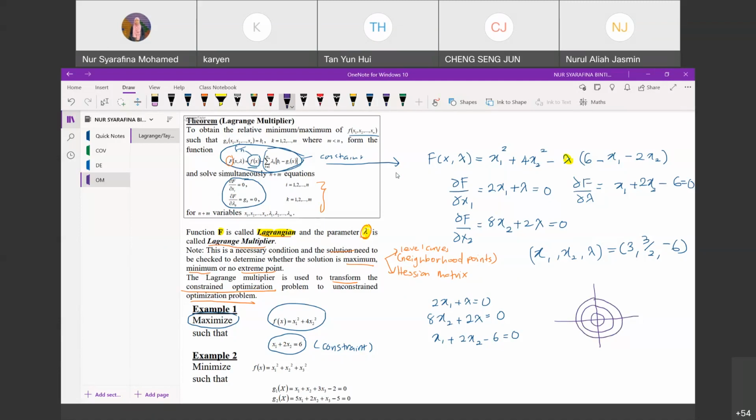And then we have x1 plus 2x2 equals 6. This is the straight line. So now 3 over 2, x1 and x2 here.